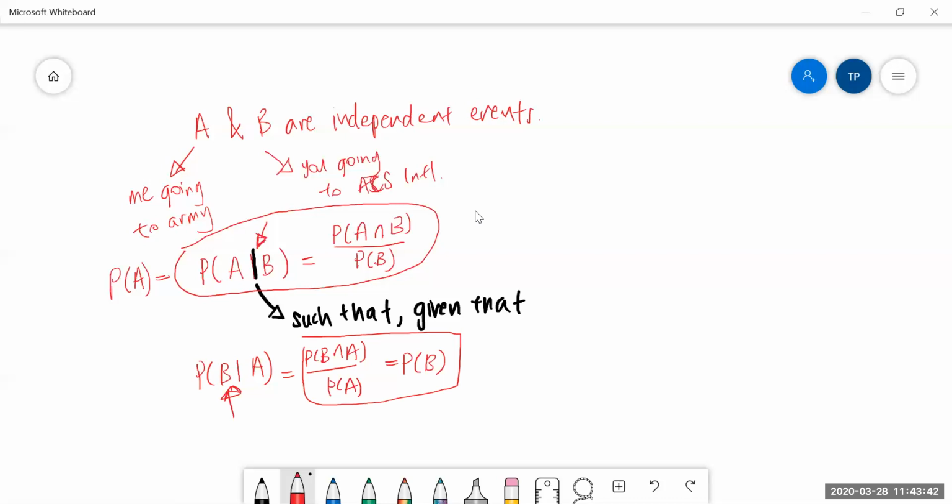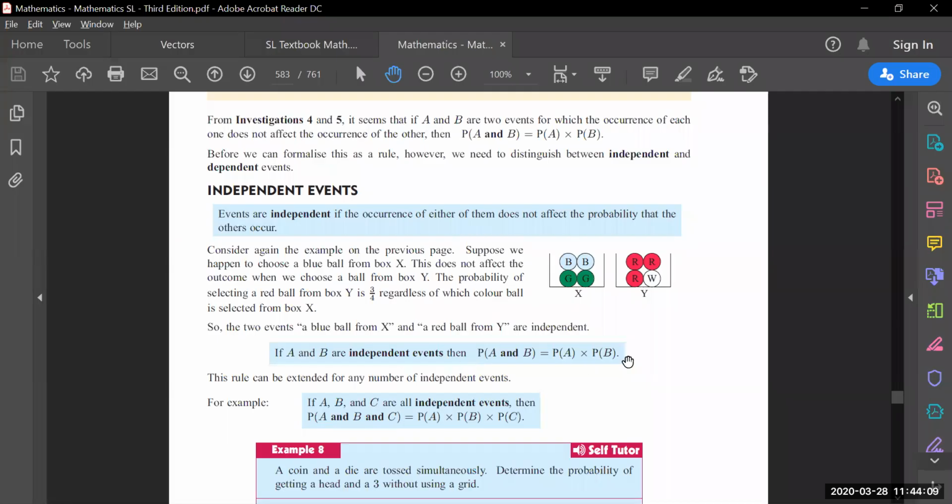If I manipulate this a bit, I get probability of B intersect A equals probability of B times probability of A. See it? Now if we go back to our book, you will see this.